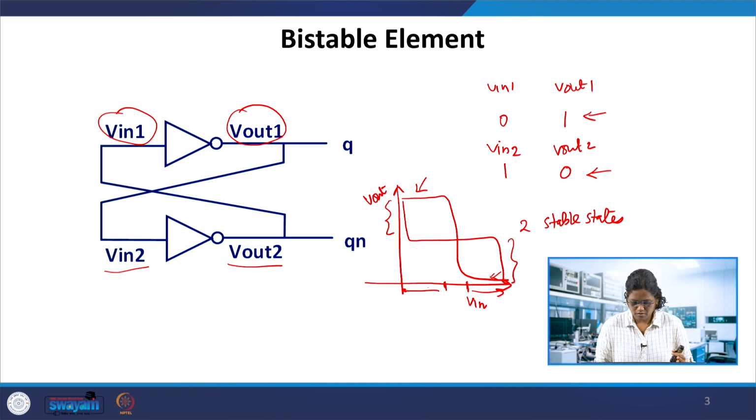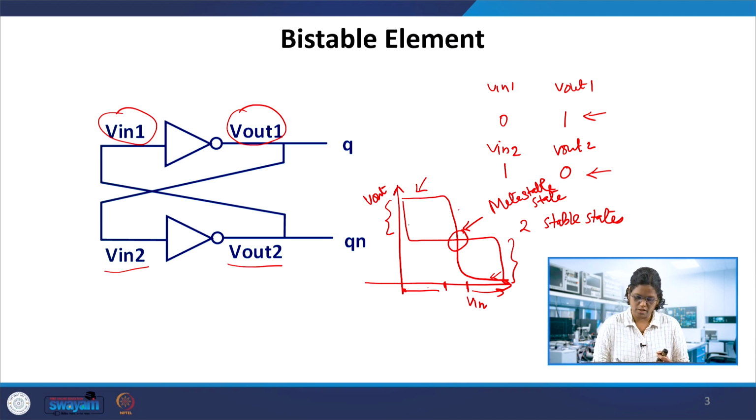Apart from that, we can have one more point, which is another equilibrium point. These two are the two equilibrium points. Another one is the third equilibrium point, which is called the metastable state. If you give a particular input to the device, it has to cross over from one, suppose logic 0 to logic 1 through this, or from 1 to 0.